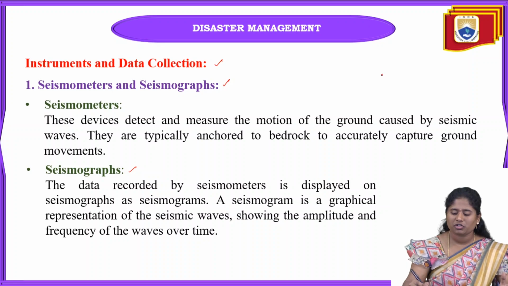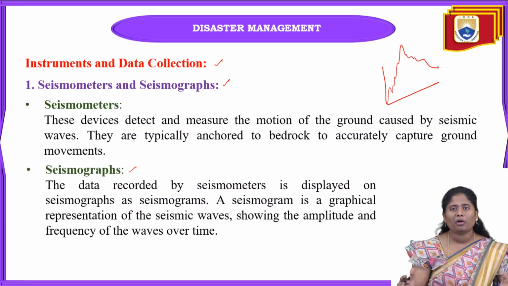When we place these instruments on the ground surface and an earthquake occurs, it automatically writes down the overall graphical representation. It notes the magnitude and how much intensity occurred, and it shows the amplitude and also the frequency.